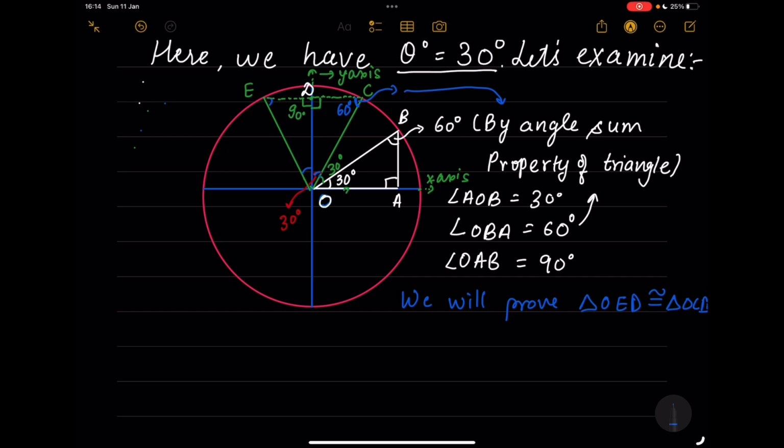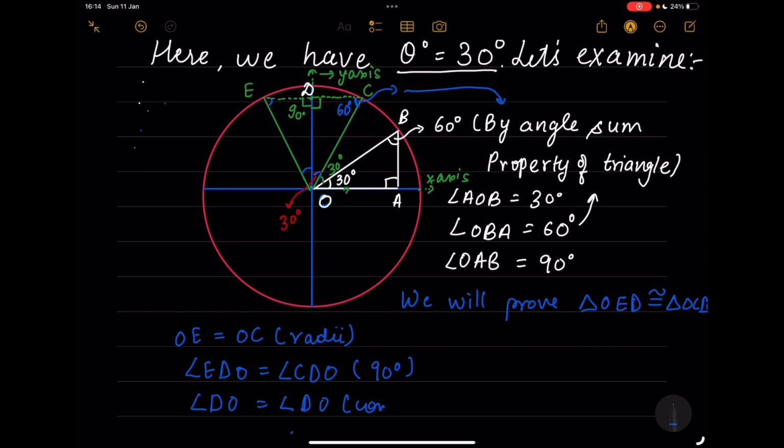Now first thing which we see is that OE is equal to OC. Why? Because they are radii. And you also have angle EDO equal to angle CDO. They are 90 degree. And you also have DO equal to DO, common side.